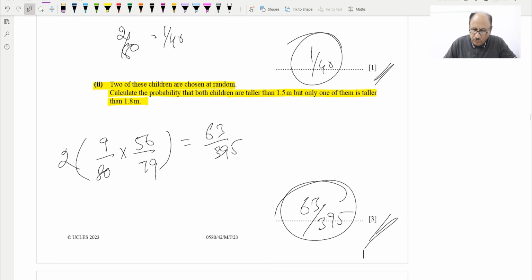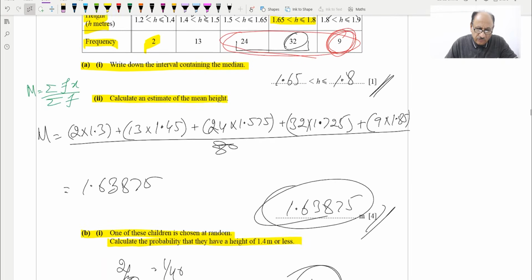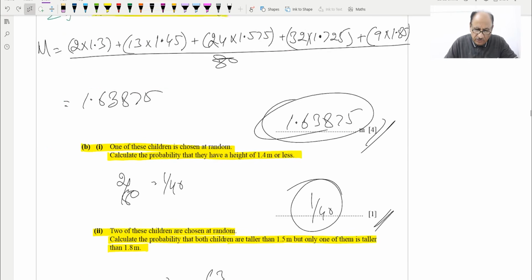Hopefully you understand this. Now C part says complete the cumulative frequency table for the heights. So less than 1.4 is 2, which they have given, and the second one will be including these two, which is 13 plus 2, which will be 15.